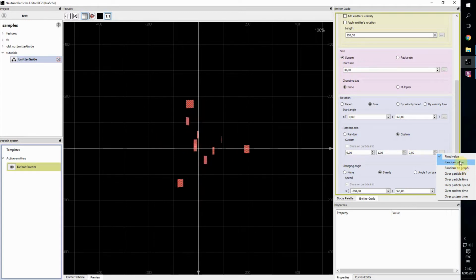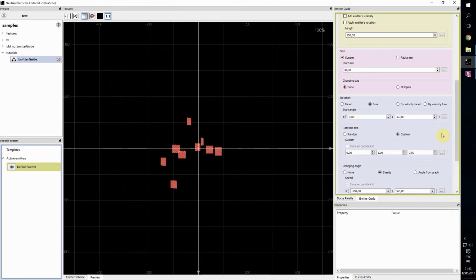So it can be random again, it can be random on graph, so for example one half of particles will rotate around the y-axis and the second half will rotate around the x-axis. You can change this axis over particle life or particle time, even over particle speed, and of course over emitter time and system time. It's a pretty useful rotation type because a lot of effects use this type of rotation.